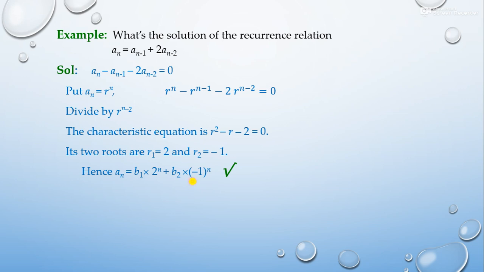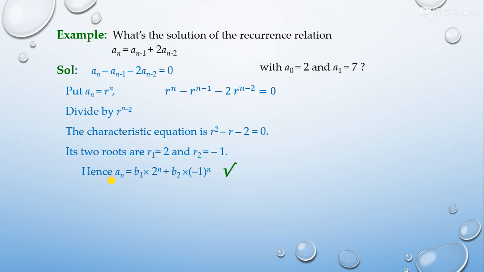But suppose the initial conditions are also given, that is, in the question we are given that a0 equal to 2 and a1 equal to 7. Then from these initial conditions we find the values of the constants b1 and b2.